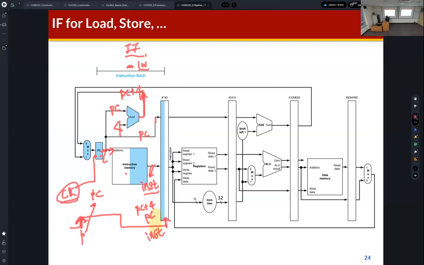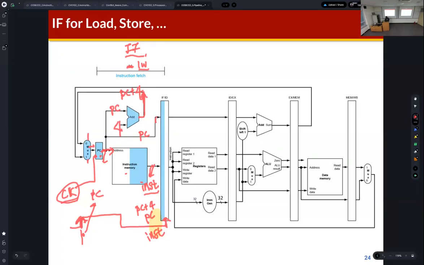Then PC plus 4 is given to this multiplexer, because this instruction can be a branch instruction. So the next PC can be PC plus 4 or PC plus immediate. We need to make some data path for the branch instruction here. PC plus 4 is also given to the program counter for the next instruction.